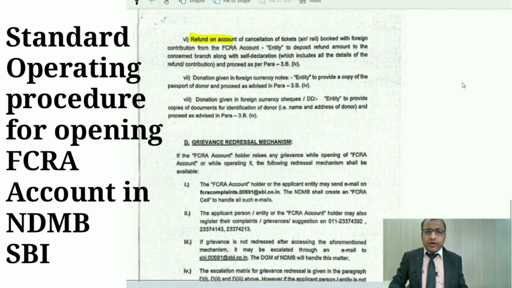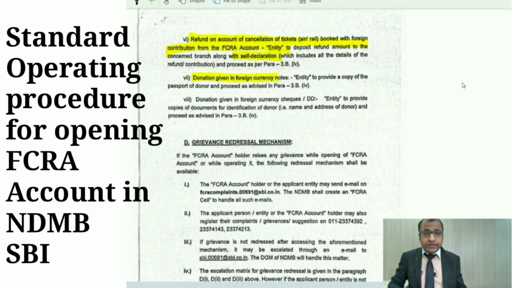Then, for the refund on account of cancellation of air tickets booked with the foreign contribution account, again the entity has to provide a self declaration along with the FEMA declaration and the purpose for which the money is being refunded.